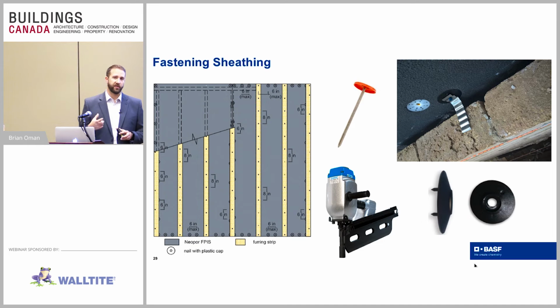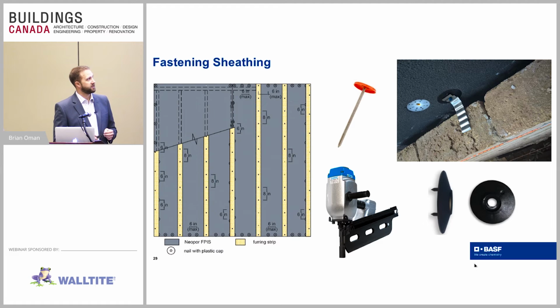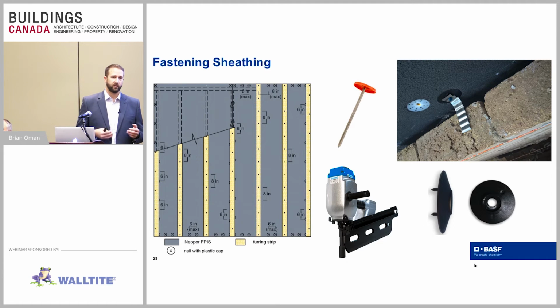If we start to go thicker on our insulation, a standard fastener may not be long enough. We may have to start to look at screws. Screws start to get expensive, especially when they start to get real long. One of the options that we found is actually these, they're primarily used for agricultural buildings, pole buildings and such, but these real large nailers will actually fire up to a 6.25 inch long nail.